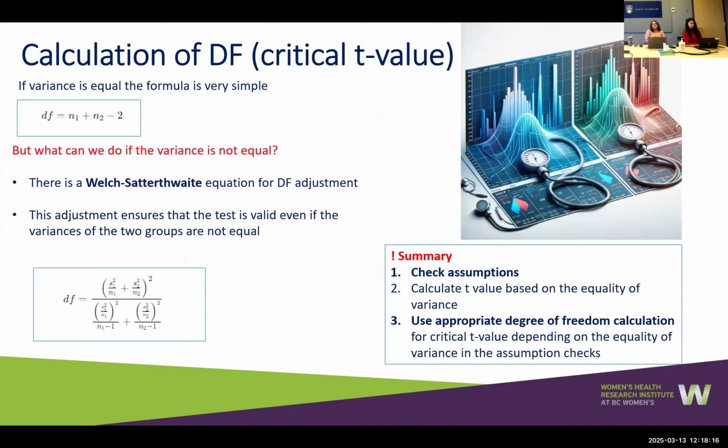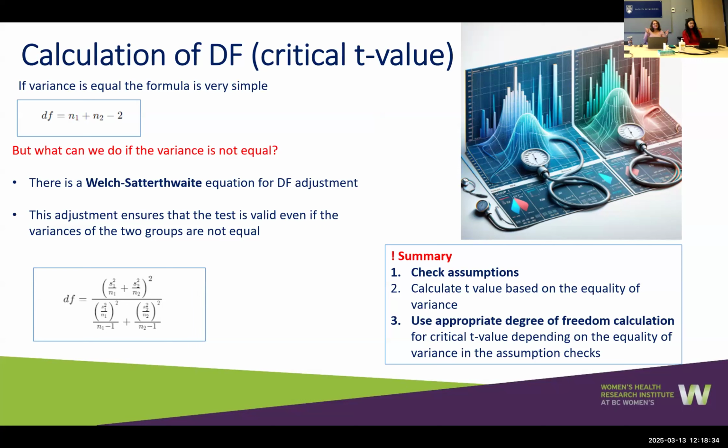So how are we going to calculate degree of freedom? Here again, equality of variance is very important, because to calculate our critical t value, we're going to use two different formulas. If the variance is equal, our formula will be very simple.